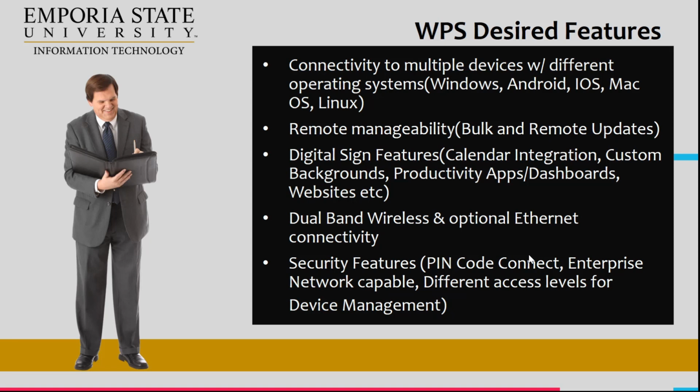A third feature set that we look at is the digital signage features that the wireless presentation system can do. Certain digital signage features are calendar integrations, such as being able to integrate your Google Calendar or an Outlook calendar into the wireless presentation system to show a schedule of events up on the screen, or possibly just custom backgrounds, having a custom splash screen with maybe your company logo and some custom text that you can provide that just stays up on the screen at all times when it's not in use.